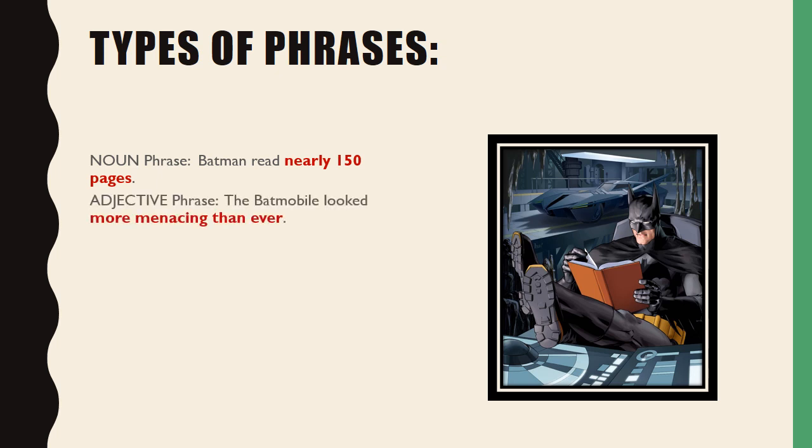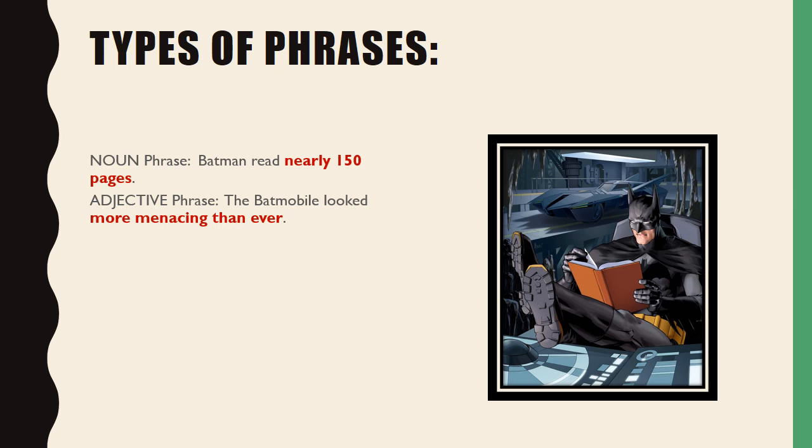For an adjective phrase: the Batmobile looked more menacing than ever. This is functioning as an adjective because it's describing the Batmobile, right? It's describing the way the Batmobile looks. We could write the sentence, the Batmobile looked menacing, and that would work, it's fine. But in this case, more menacing than ever gives us a little bit more information about the way the Batmobile looks to some extent.